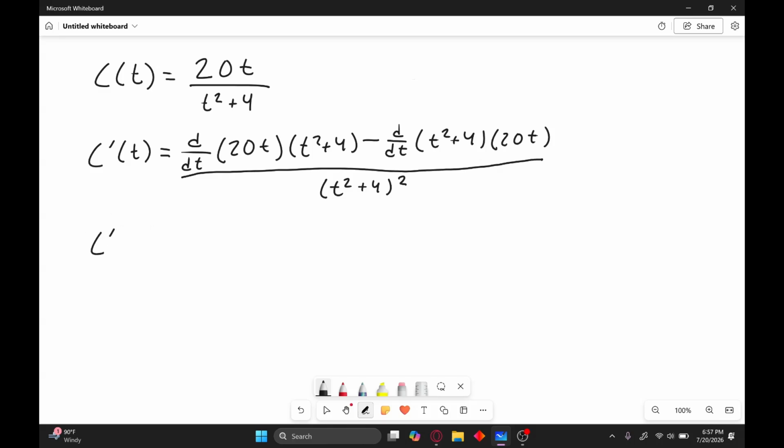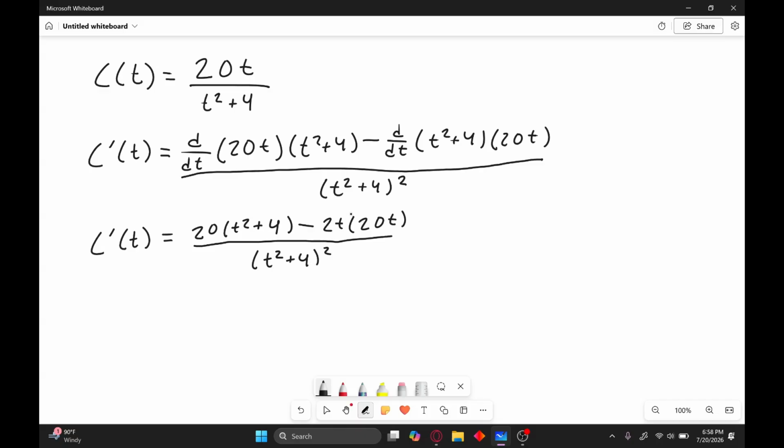Now, if we were to simplify this using the power rule, the derivative of 20t is just 20, then that would be multiplied by t squared plus 4, and then subtracted by, using power rule, 2t, and then the 4 turns into a 0, multiplied by 20t, all over t squared plus 4 squared.